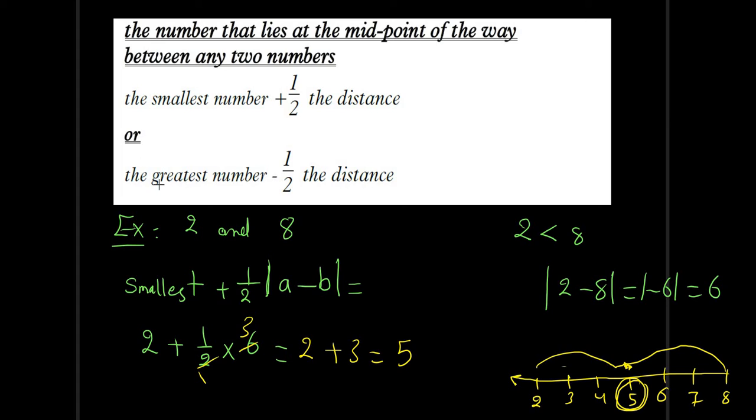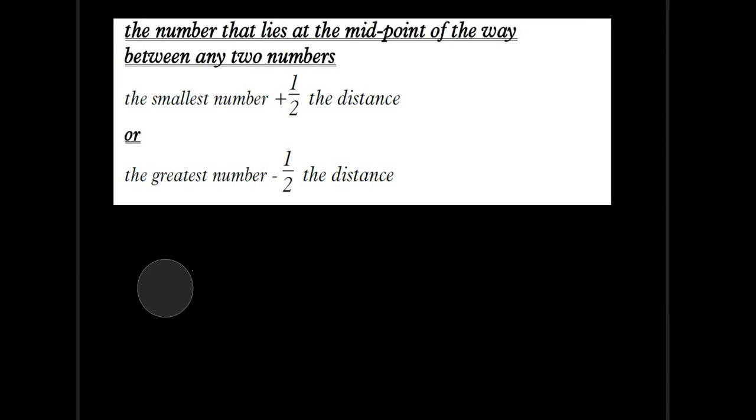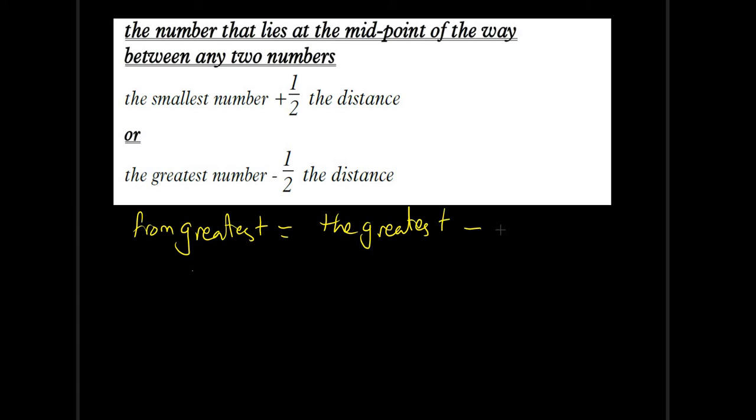And we can find it from the greatest. If you want to find it from the greatest, we write the greatest minus half the distance, which is the greatest minus half the absolute value of A minus B, the difference between the numbers.